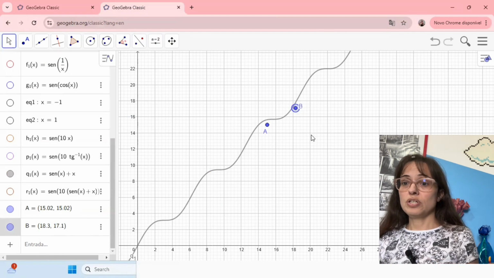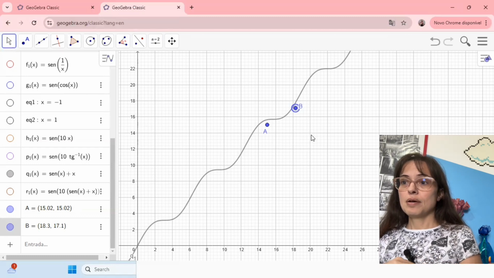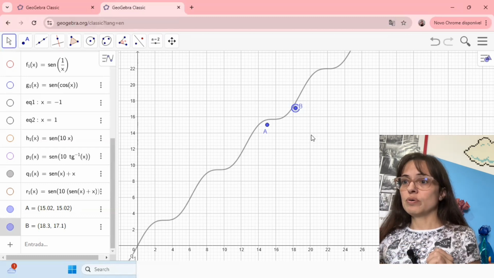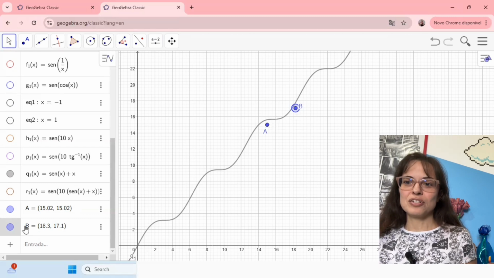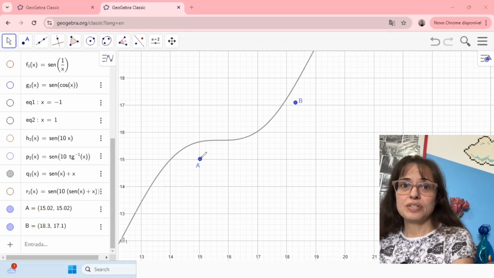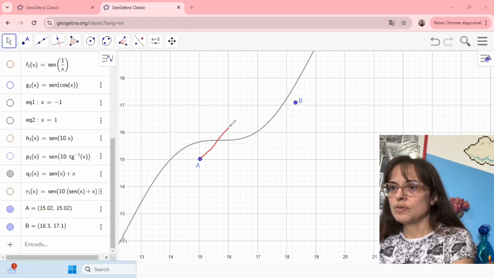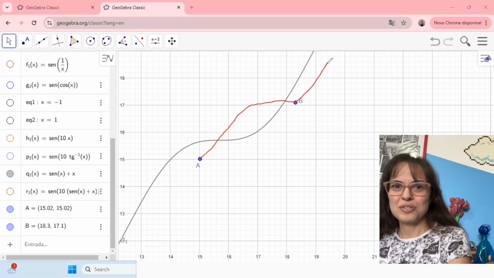So what I'm going to need is a function that is sort of like sine of x plus x, but I'm going to stretch it and move it around so that it not only goes through those 2 points A and B that are just the numbers that I just said, but it does so in the way that I just described. Which is like start going up here, and then at some point you're going to pause and start going up again. This is what I wanted to do.